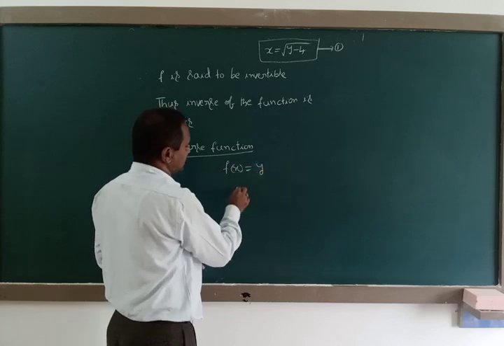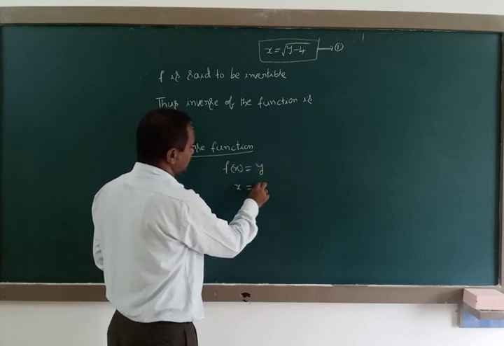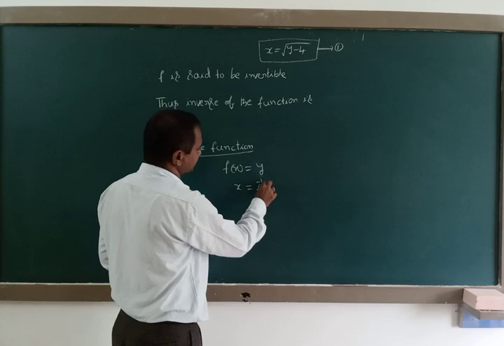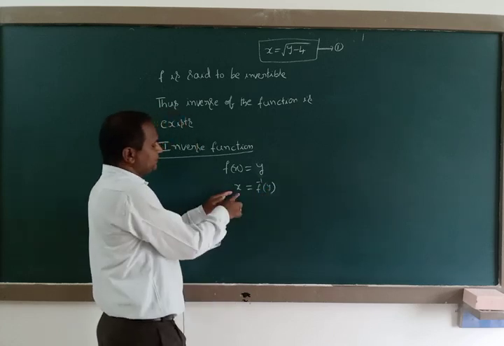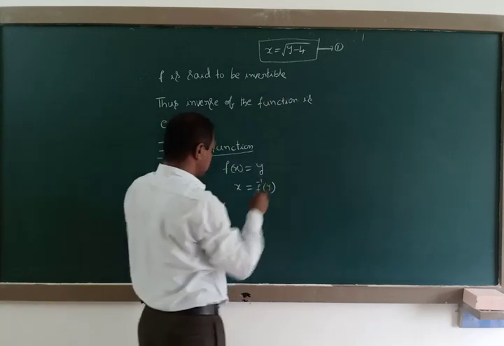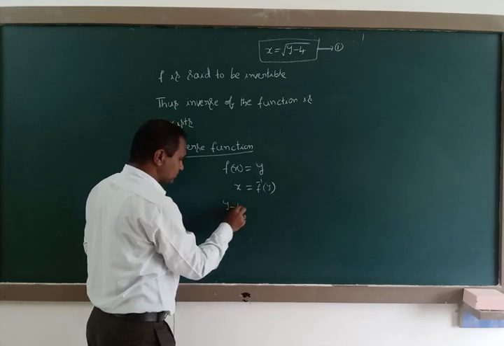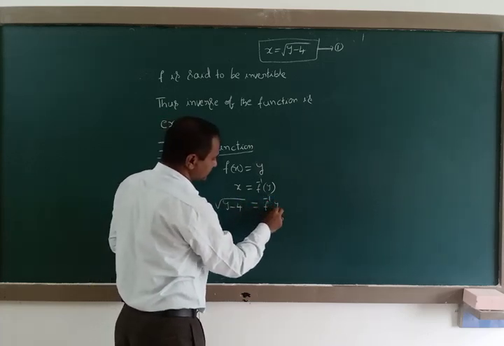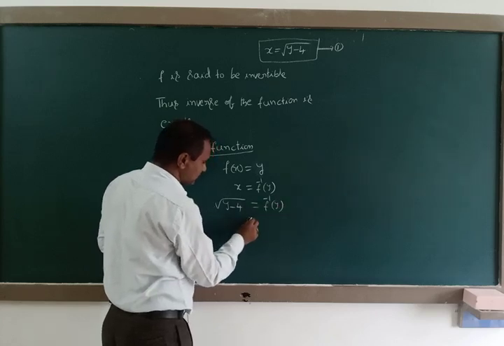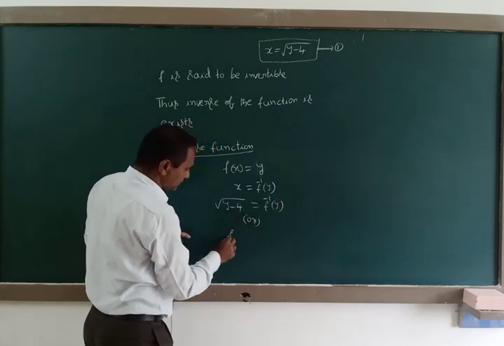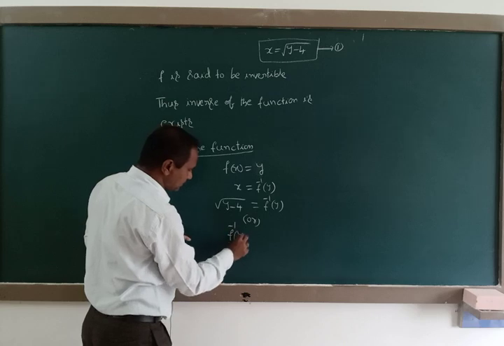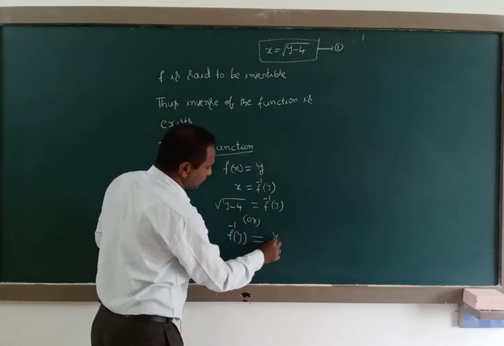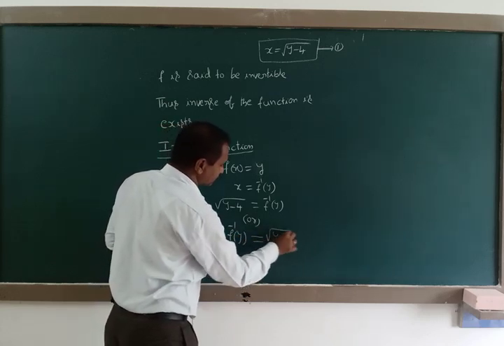Sending f to that side, it becomes x is equal to f inverse of y. From equation 1, instead of x we got square root of y minus 4 is equal to f inverse of y, or it can also be written as f inverse of y is equal to square root of y minus 4.